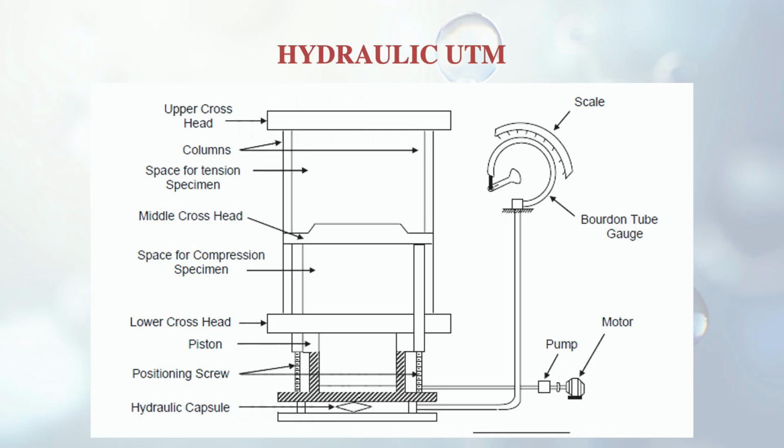So what happens, suppose I am placing this specimen in this portion, then suppose the piston goes up, so these two will also be going up, and this particular specimen will be pulled up, so the tension will be acting in this case. And if a specimen is at the bottom, then the compression will be acting.